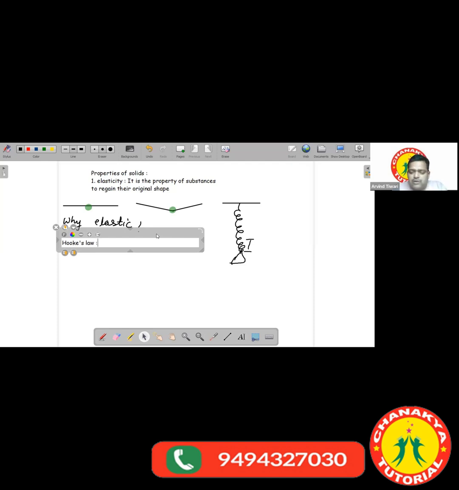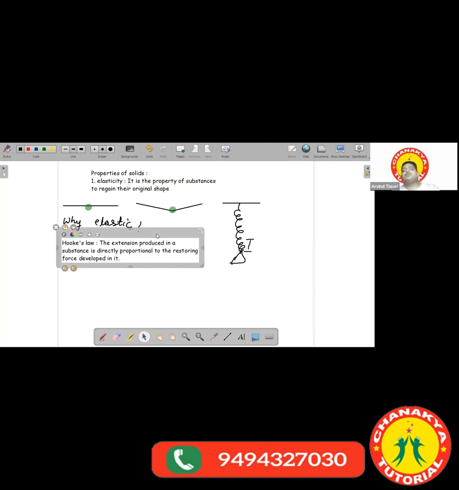So as per Hooke's law, the extension produced in a substance, or in an elastic body, is directly proportional to the restoring force developed in it.